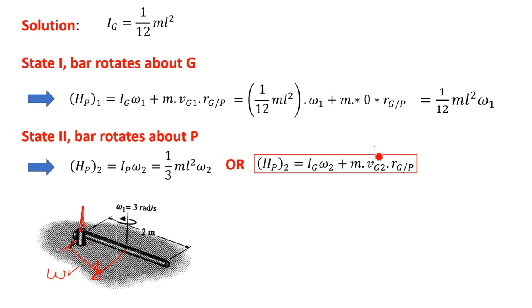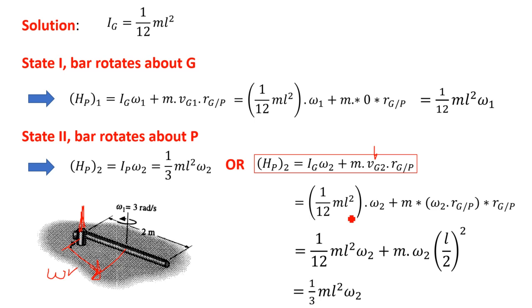So we can simply substitute this v value by omega 2 multiplied by rG/P, and we get the answer to be mass multiplied by omega 2 multiplied by rG/P squared. And for that, we get the same answer.